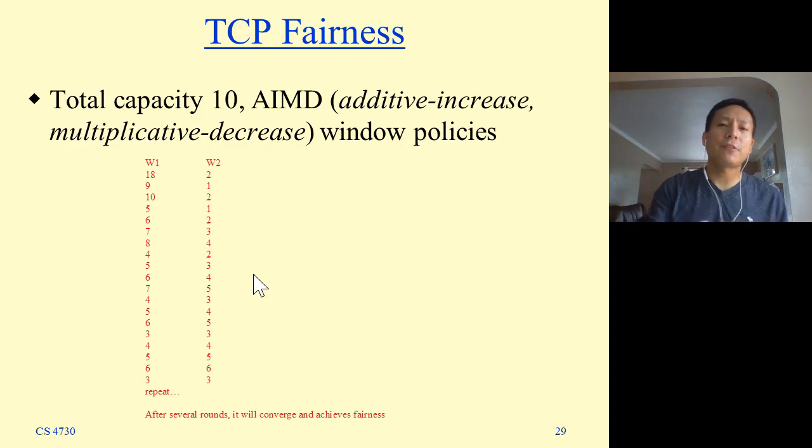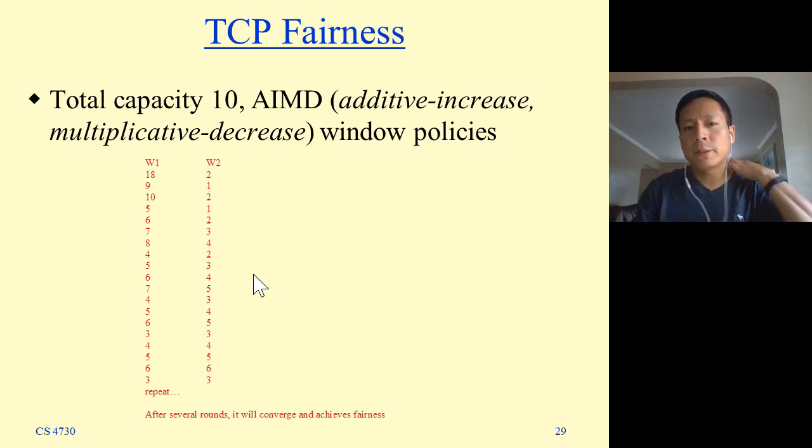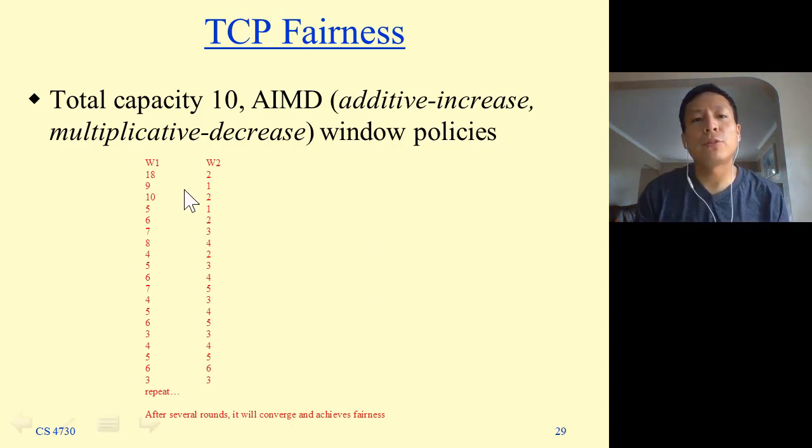So for example, let me give you an example to solve this problem. Originally I have W1 and W2, and the capacity is 10. I give you some random numbers, and you can see that after several rounds, it will eventually converge to the same speed: 3, 3, 6, 5, 4, 4, 5, 5, 6, 6, 2, 3, 3, repeat.